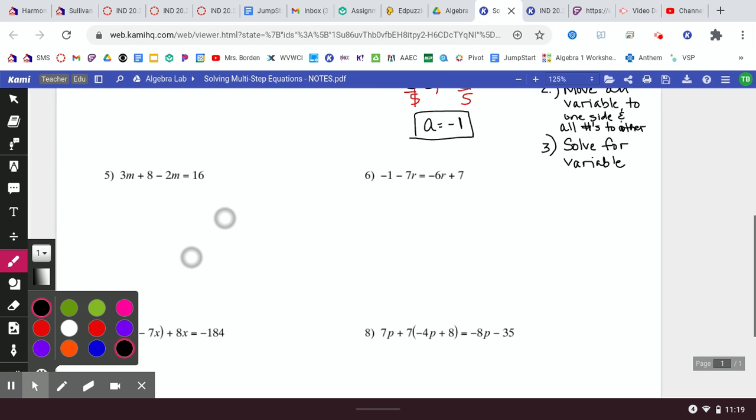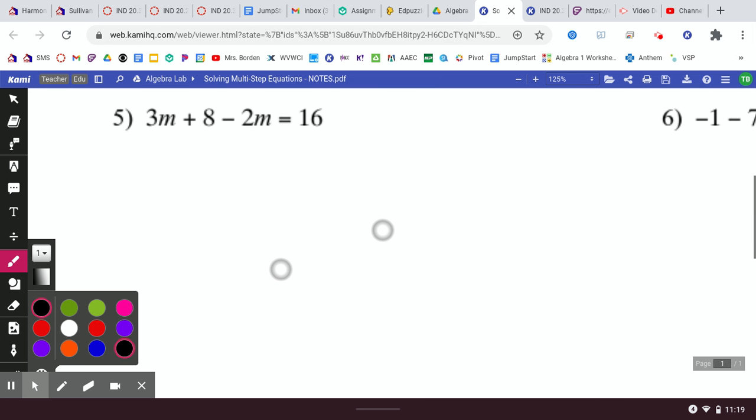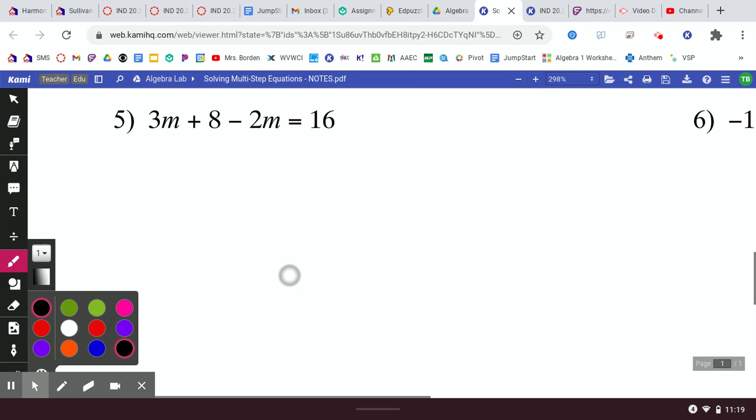So let's do this one as an example. Number 5. And again, right, first things first, you always check both sides of the equation for anything that you can combine, okay?